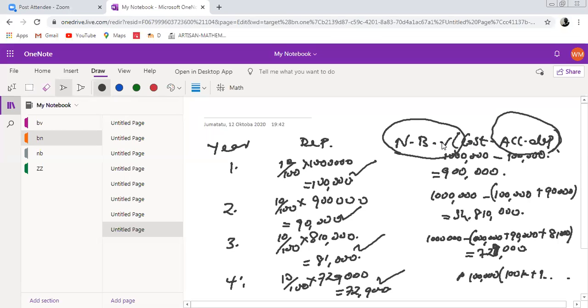Once you have the net book value, you multiply by the percentage of depreciation and you get your depreciation for that particular financial year. You add it to the depreciation for the previous year. So the accumulated depreciation goes on increasing as the net book value is reducing. That is how we do depreciation for that.